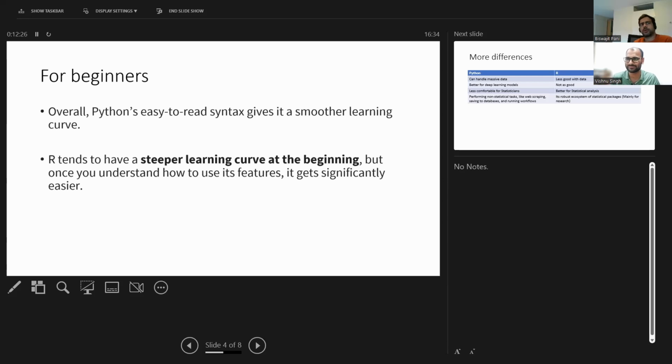Exactly. So if you are already familiar with some other programming languages, like for example Java or .NET, C, C++, any other languages, you will be more comfortable with Python compared to say R, because R could be a bit intimidating initially, right?